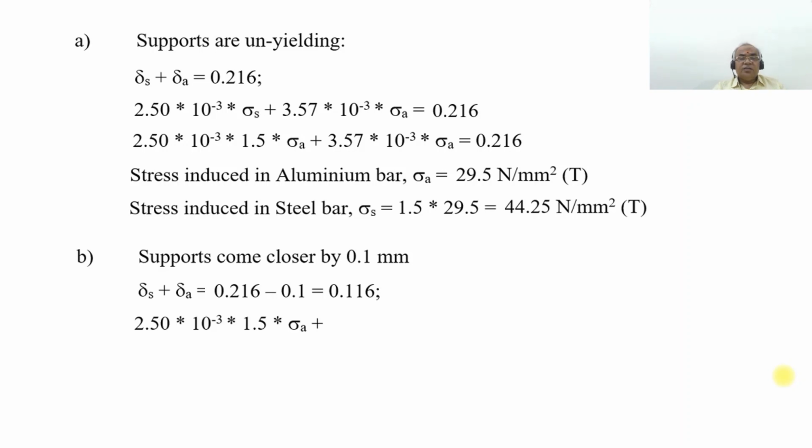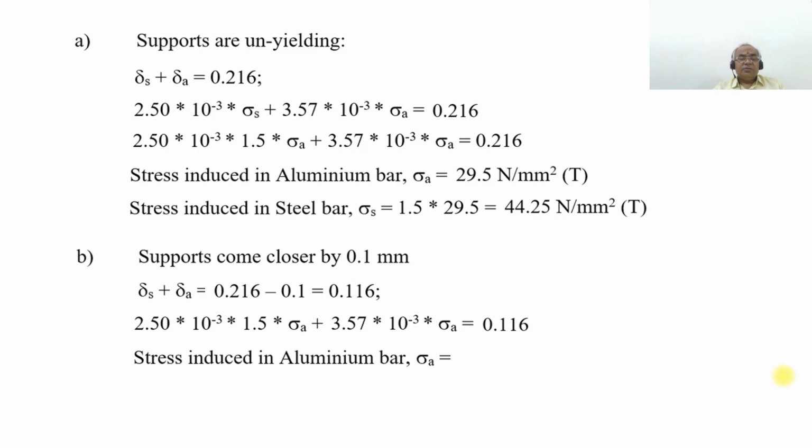Again substitute these values: 2.5 into 10 to the power of minus 3 into sigma S, which is 1.5 times sigma A, plus 3.57 into 10 to the power of minus 3 into sigma A will be equal to 0.116.